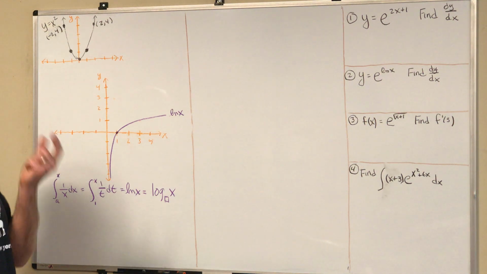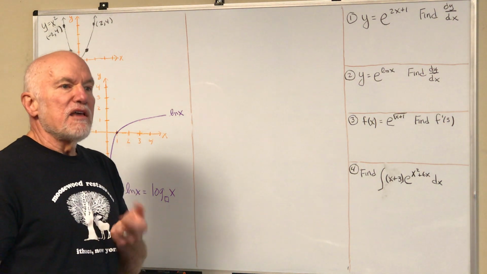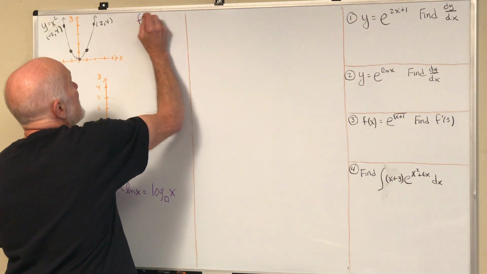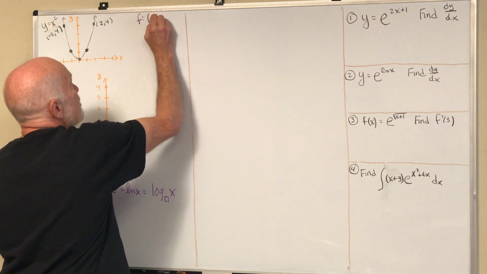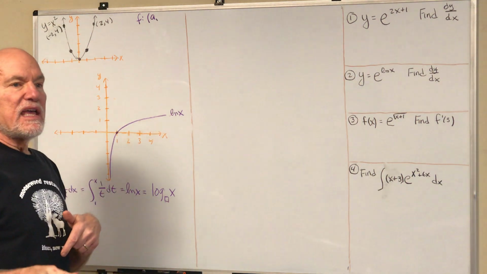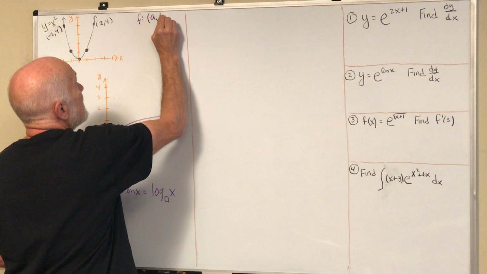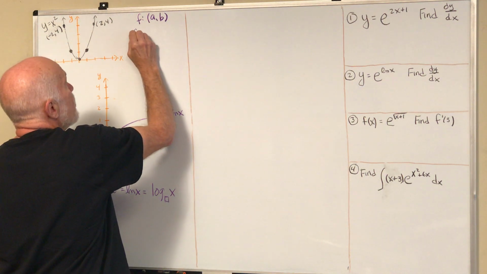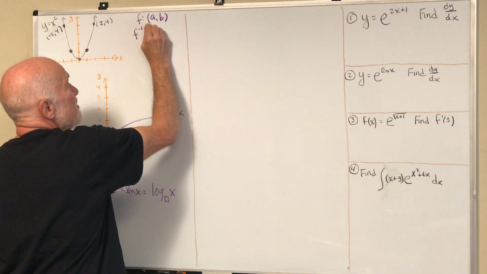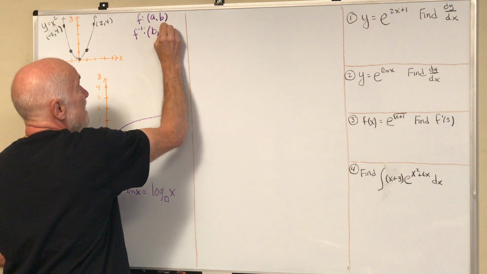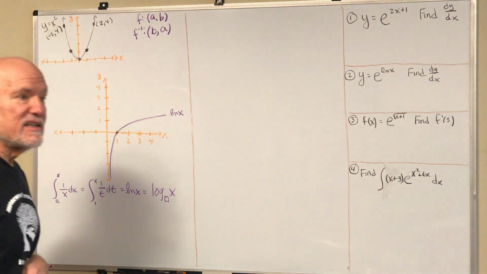So what do inverse functions in general do? If you have a regular function like f, it takes a point a that you plug into it and turns it into f of a, which we often call b. Now, what the inverse function does, very simply, is to take whatever b is and does its thing to turn it back into a.